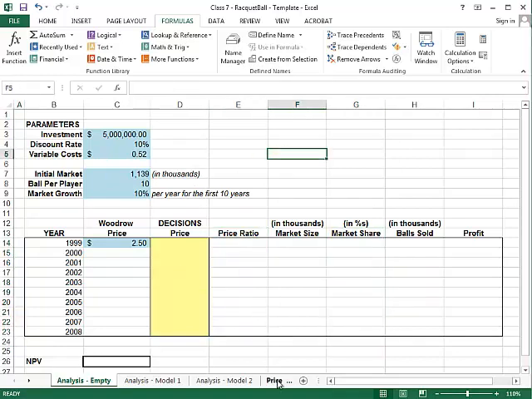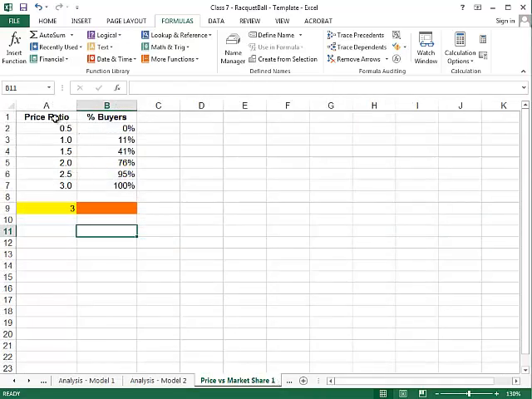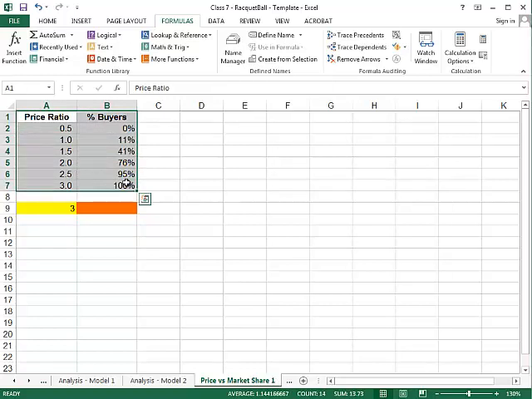In the textbook, you will see that the price ratio and percentage of buyers is given as such. So the price ratio is our price divided by the competitor's price. So if the price ratio is 0.5, this means we're selling our balls twice as much as the competitors.